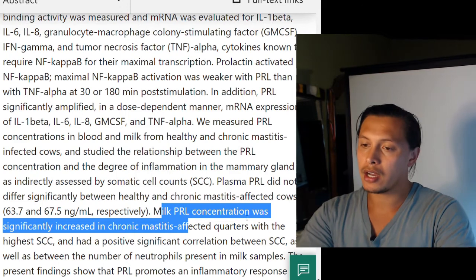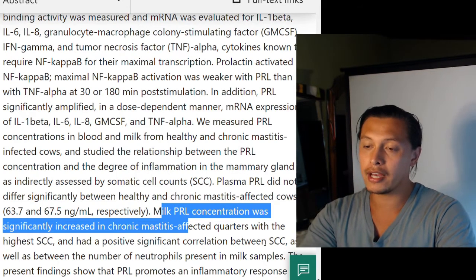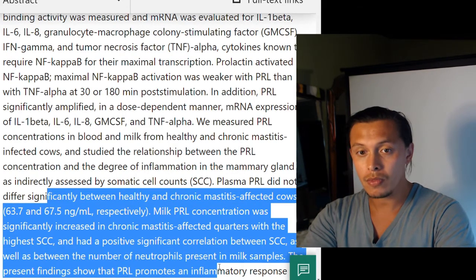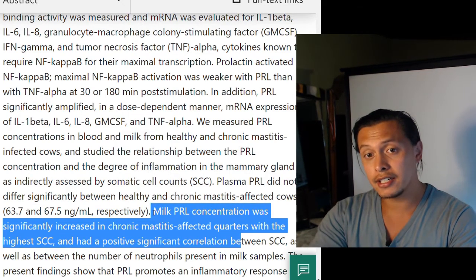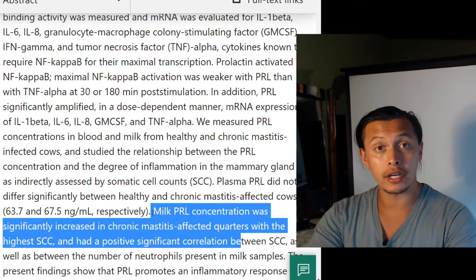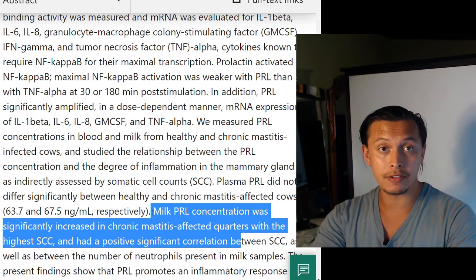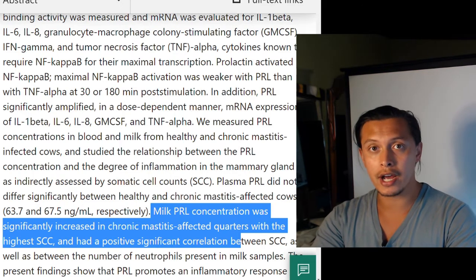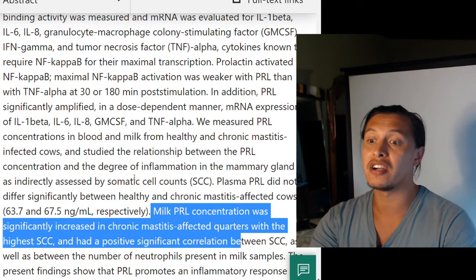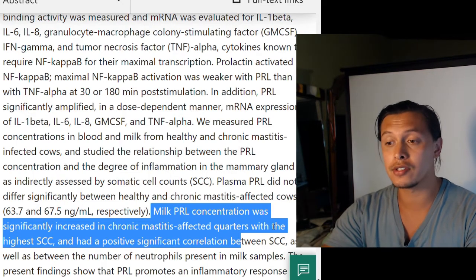Granted, another thing that we need to consider is prolactin in and of itself can be upregulated by inflammation, right? This doesn't tell you whether or not prolactin was elevated and therefore caused this mastitis.